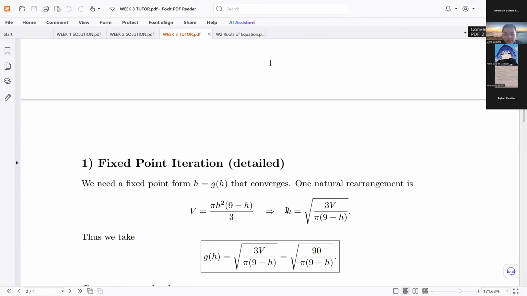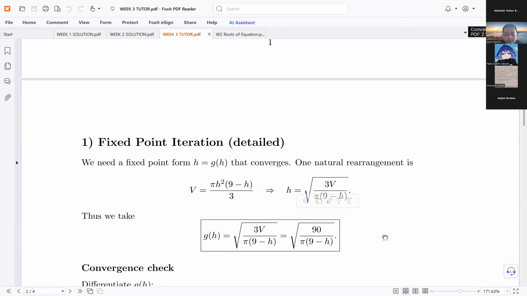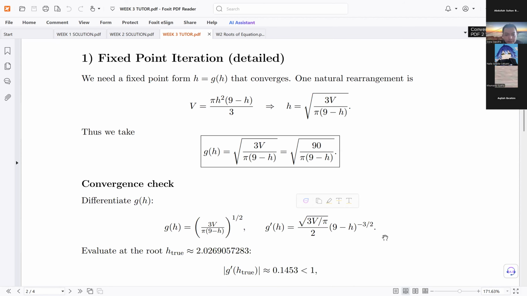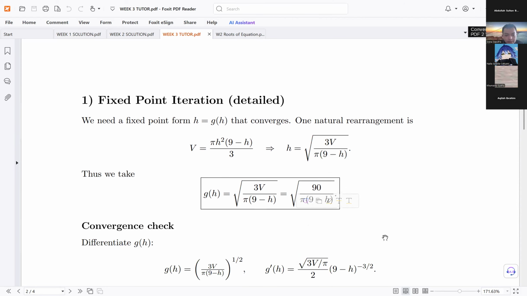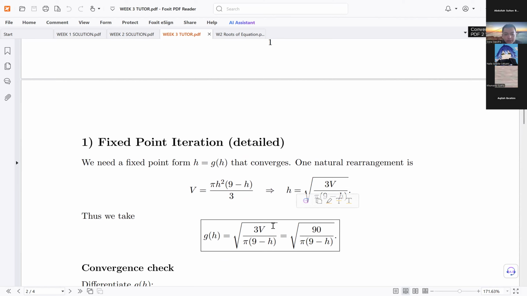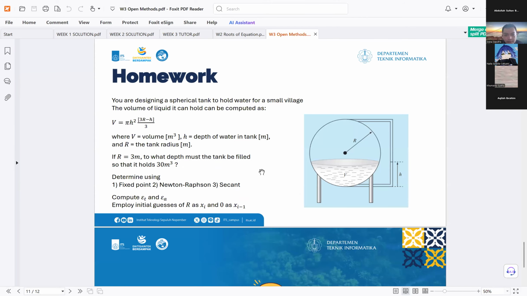I use h equal to the root of 3v per pi times 9 minus h. Wait, I have to open the PowerPoint for week 3.